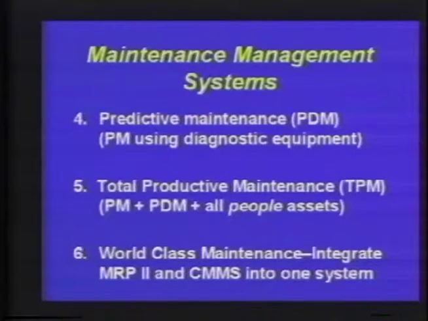My world class definition is where we have integrated the maintenance management program, and I'll utilize the acronym CMMS, Computerized Maintenance Management System, with what I call the production planning program, which is over in the operations area, and most of those have an acronym MRP2, which is Manufacturing Resource Planning.